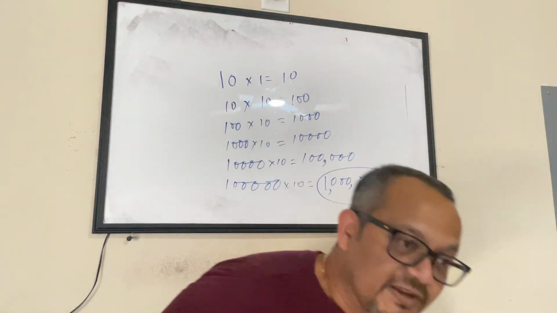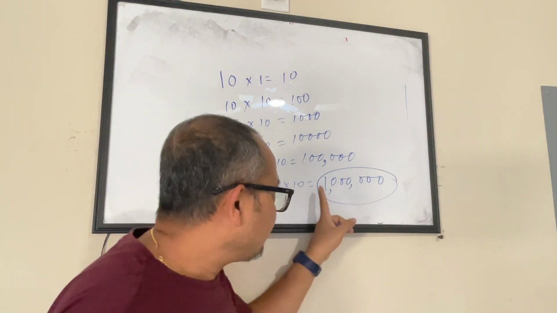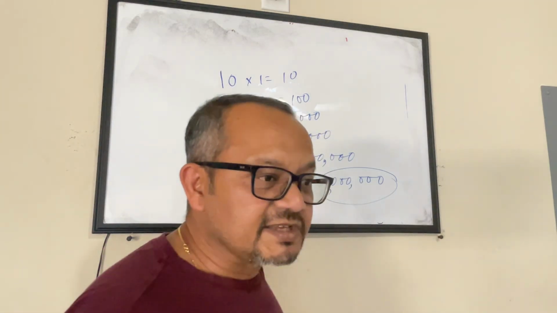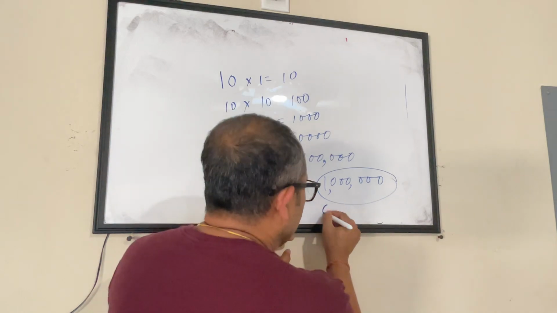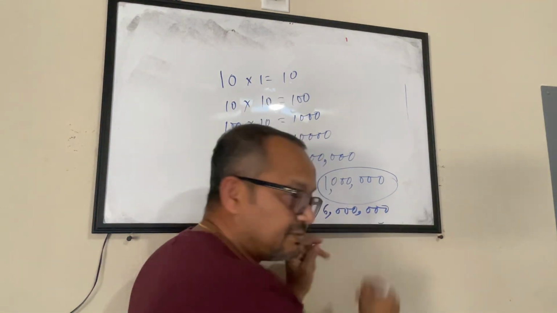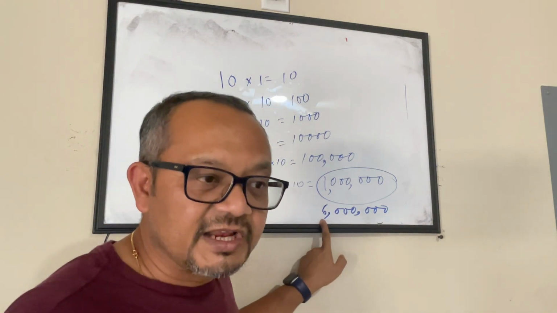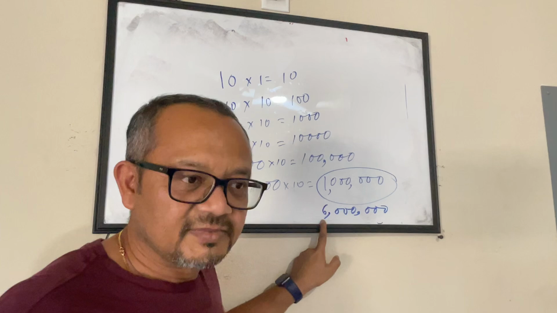So, when I say 1 million, what I'm saying is a number 1 followed by 6 zeros. If I say 6 million, I have a 6 followed by 6 zeros. So in the millions place, I have that number which tells how many millions I do have. Everybody with me so far?